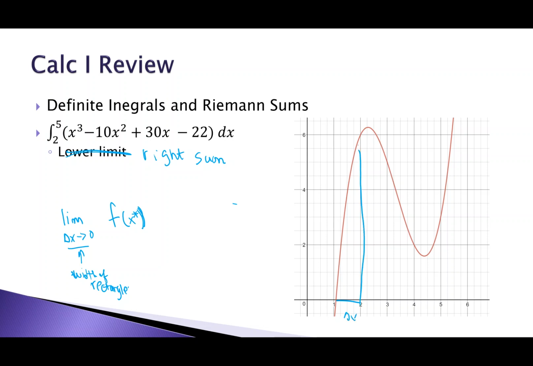And actually, what's nice about this theorem is it doesn't matter which f of x star I take, as long as it's inside my delta x. So each x star is going to be inside the interval times the delta x. So this is the height of my rectangle, and this is the width of my rectangle. Okay, so that's the technical definition.